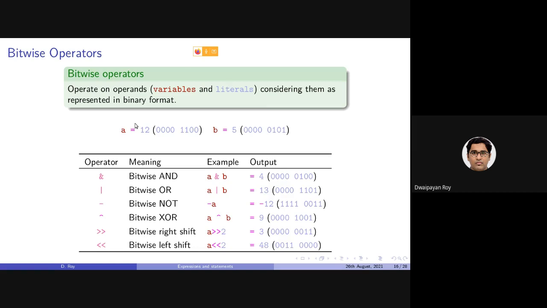So if A and B are two variables, say A is 12, the corresponding binary is 00001100, and B containing 5, the binary representation is 00000101. I have considered only the least 8 bits. So these are some of the bitwise operators. Again, this will not be that useful in this course.